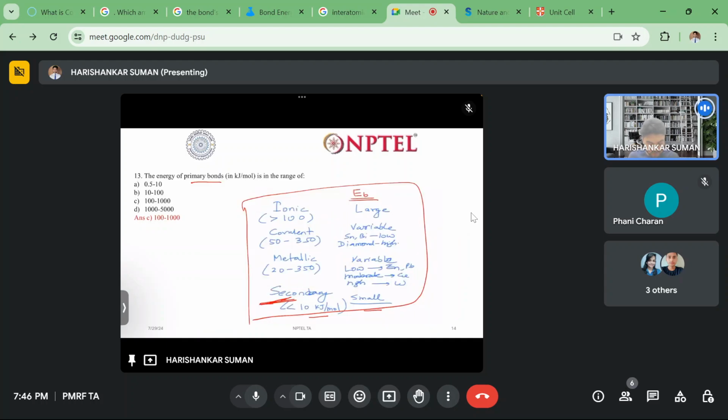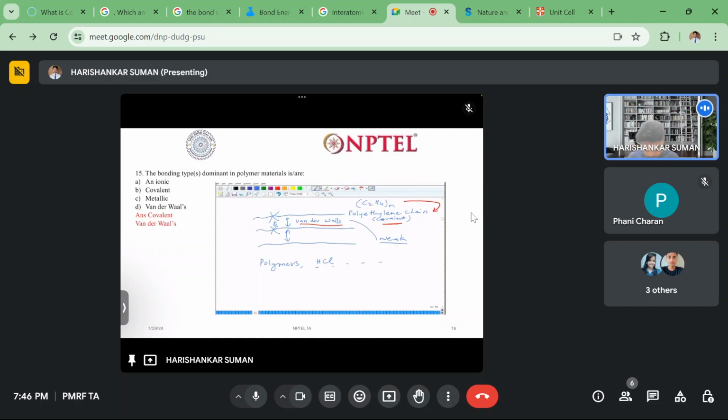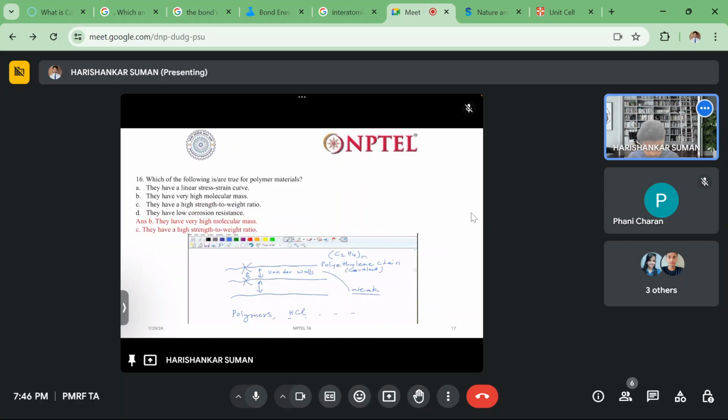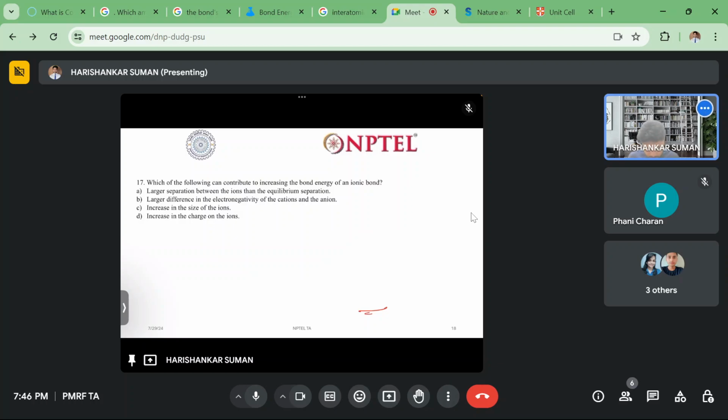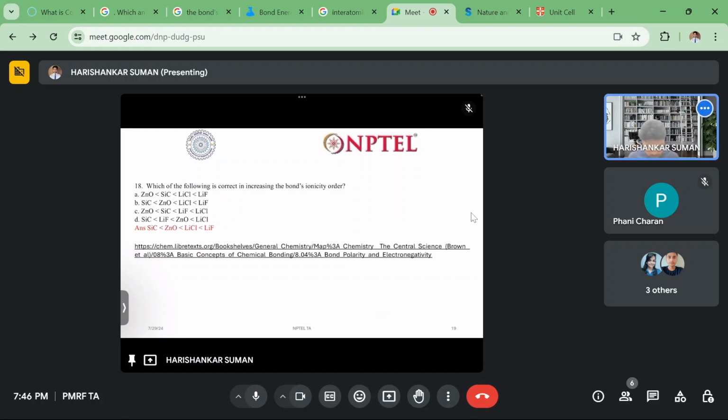Then primary and secondary bonds, range of bond energy, polymer material again, bond energy.